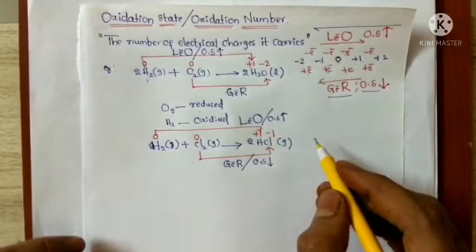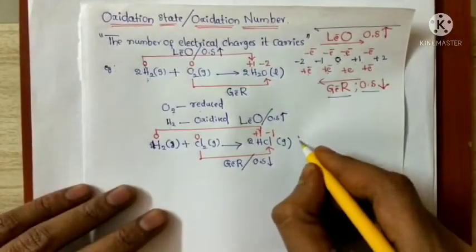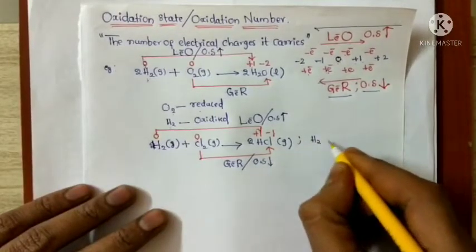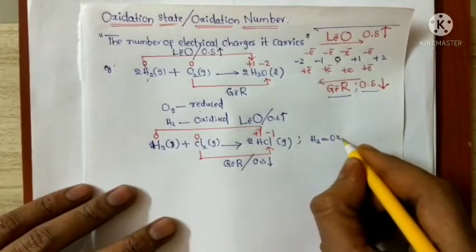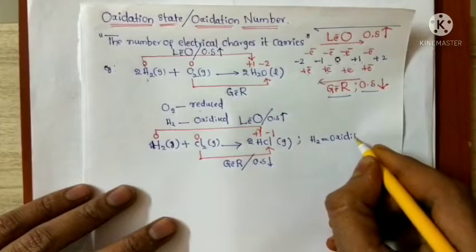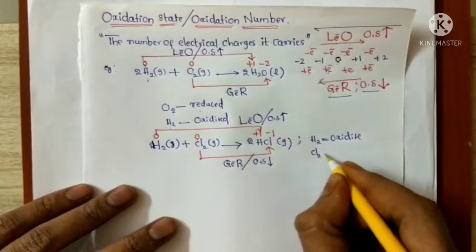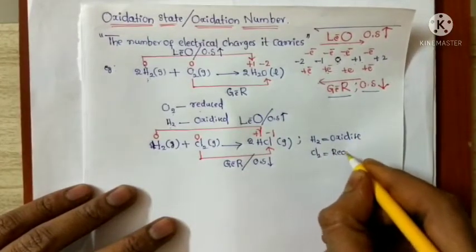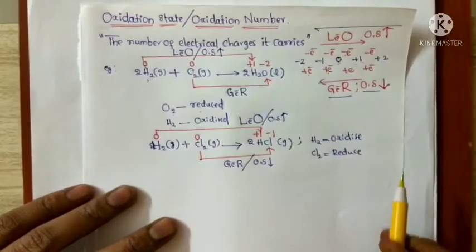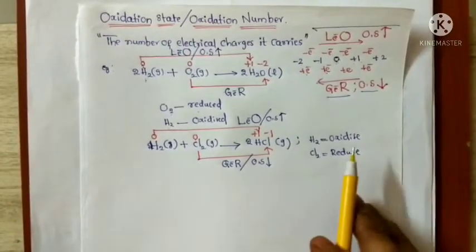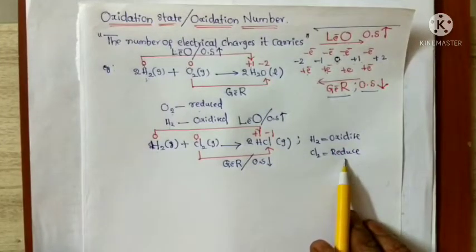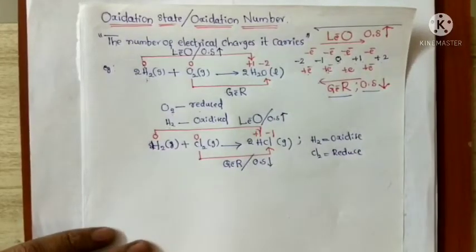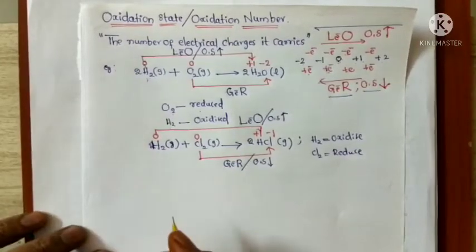So from this we can conclude that hydrogen is oxidized and chlorine is reduced. Simultaneously oxidation as well as reduction both exist. That's why this reaction is called a redox reaction.